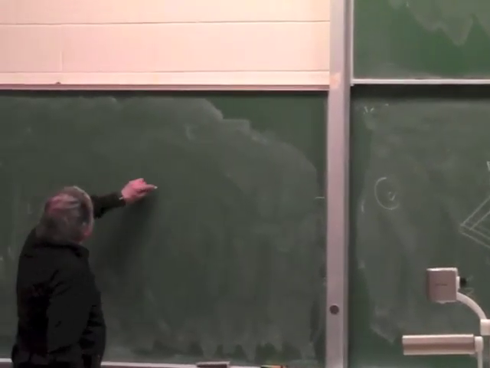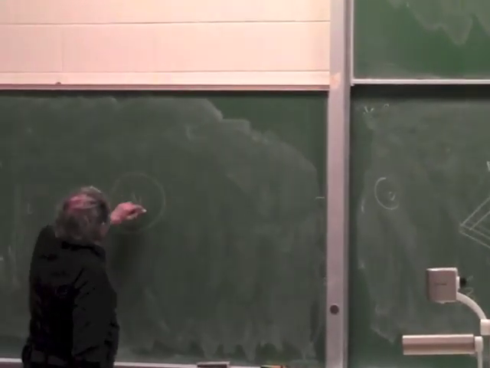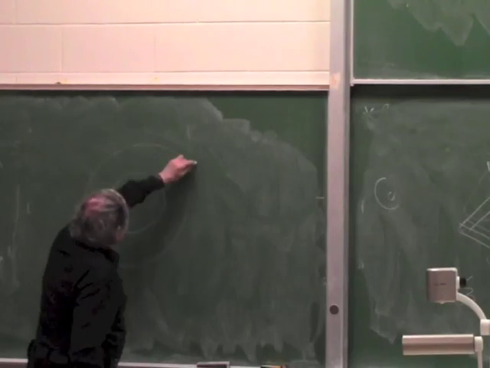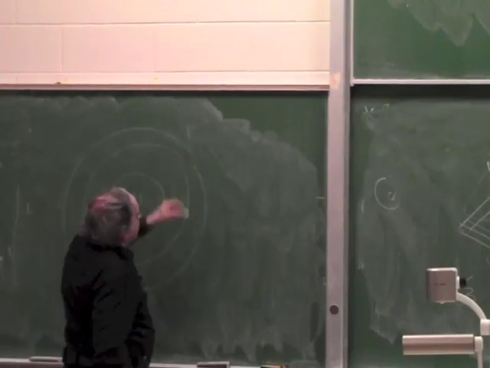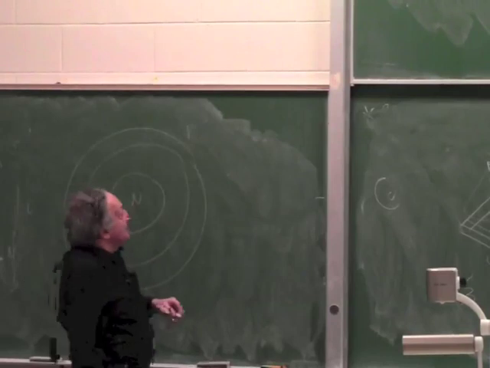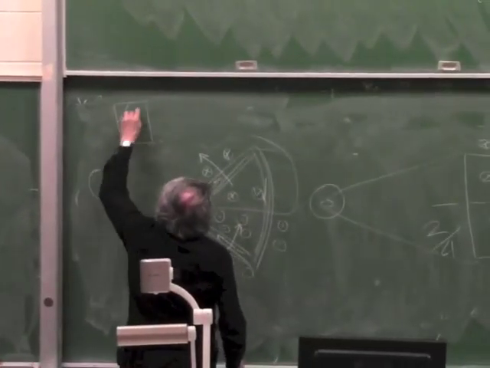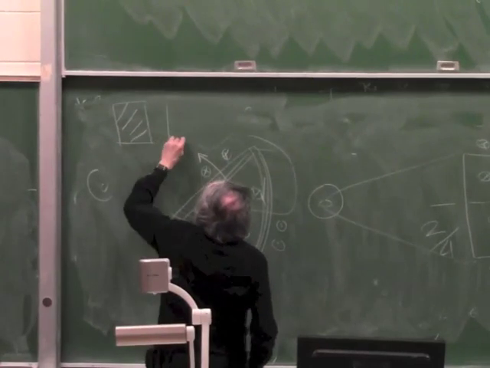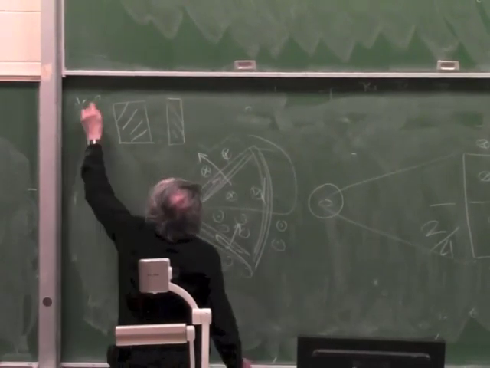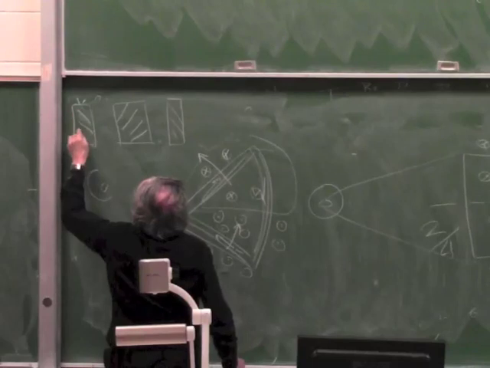So let's say we have a magnetic field which is radial. This is north pole and this is south pole. And it's very easy to make a radial magnet in cross section. Imagine if I have a piece of steel like this and I have a ring of steel which is like this.